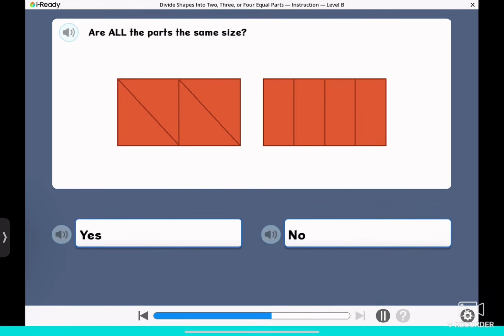Let's look at 2 same-sized rectangles that are divided into equal parts. Are all the parts the same size?